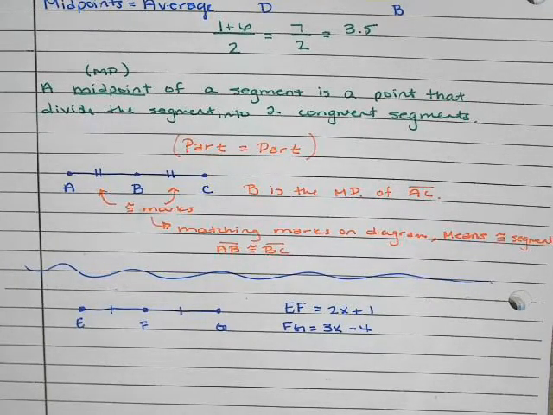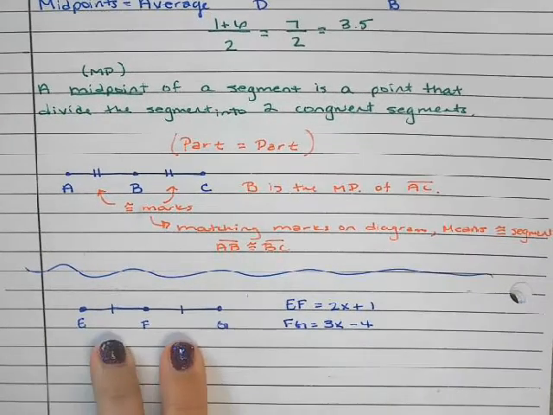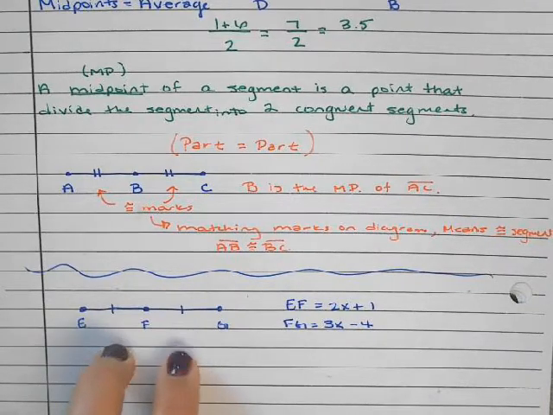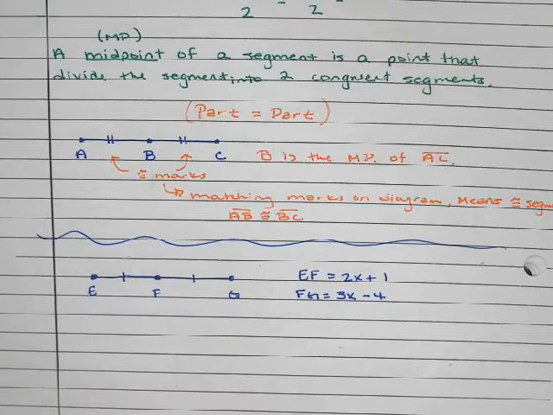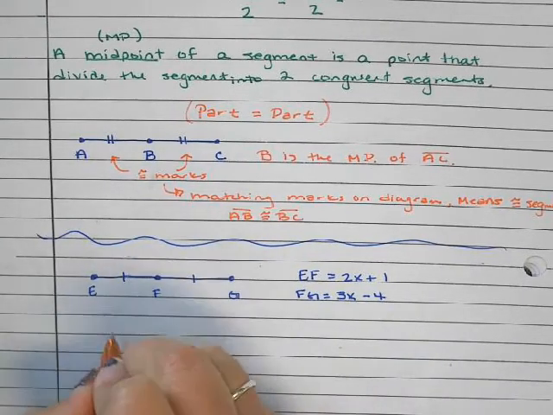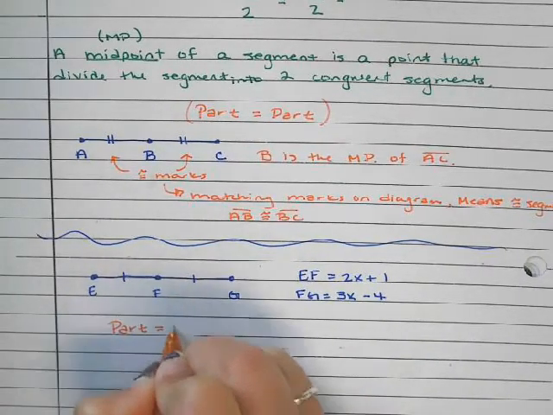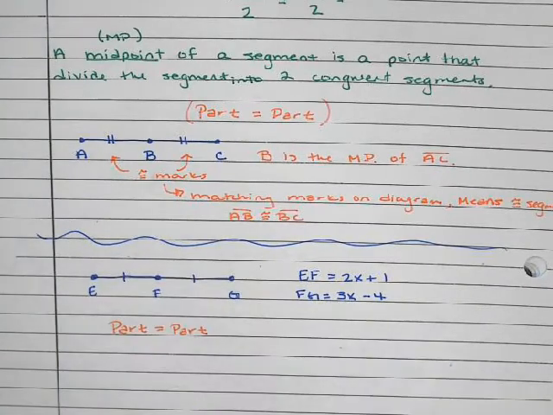Okay. Since I can see that they have matching congruent marks, that means that those lengths have to be the same. Which, remember, my key thing I said was part equals part. That's what we have to remember.